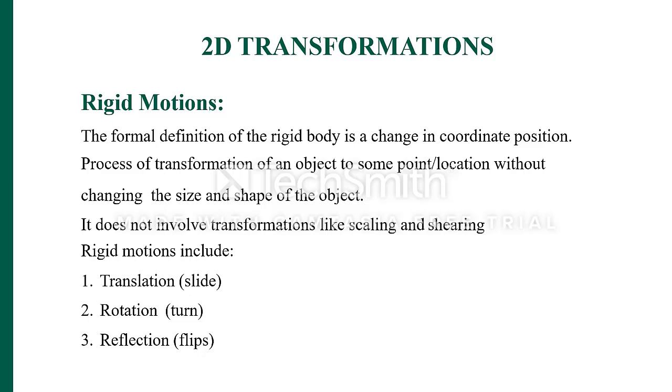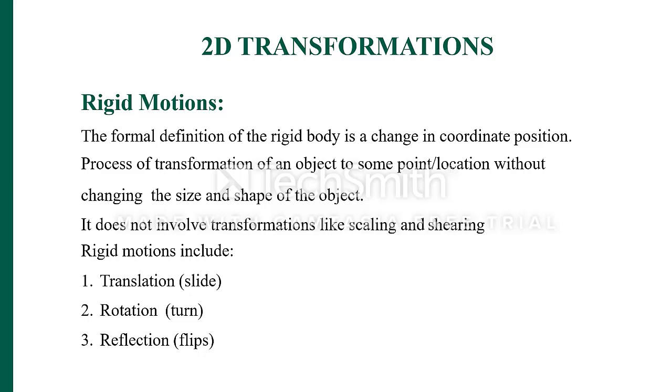So the rigid motions do not include transformations like scaling and shearing. Scaling is resizing an object, so according to the definition of rigid motions, scaling is not included since it resizes the object.